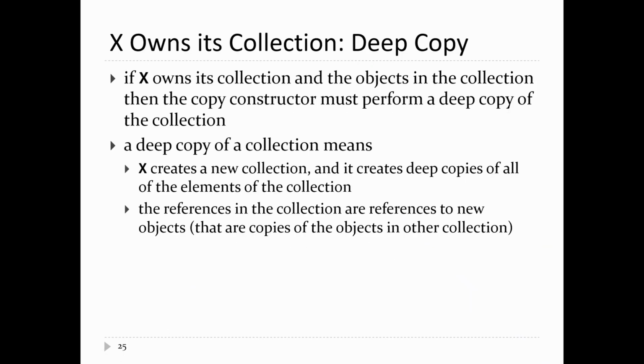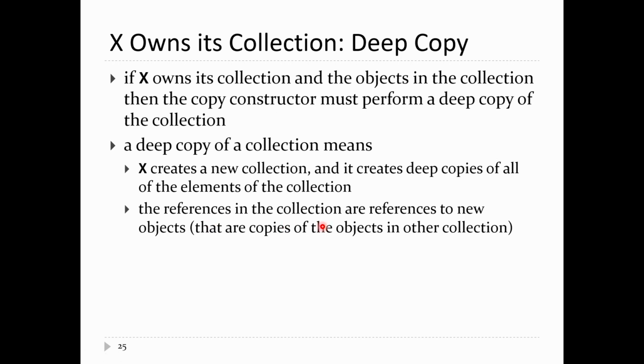Okay, so finally, you can ask the question: what happens if the object owns its collection and it wants to own the elements in the collection? Now you have to make what's called a deep copy. A deep copy of a collection means make a new collection, and now copy every element that's in the collection and put the copy into the new collection.